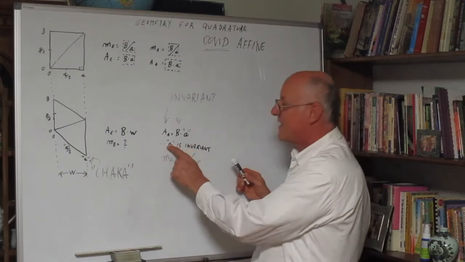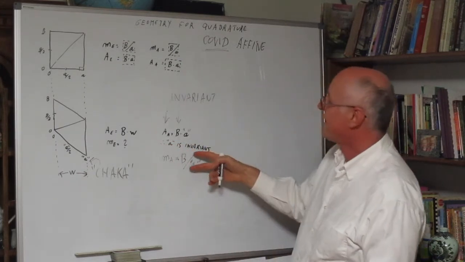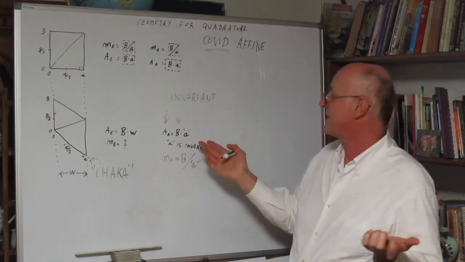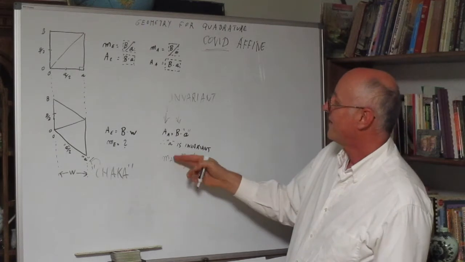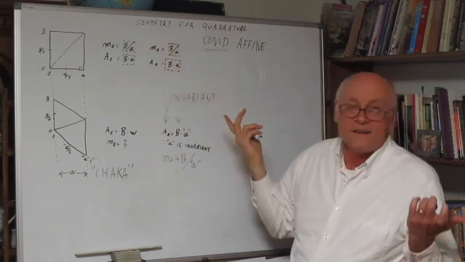And we also said that A is also invariant. So what does that make the slope equal to? It didn't change. It's invariant. It's B over A. It's the same as it was here.